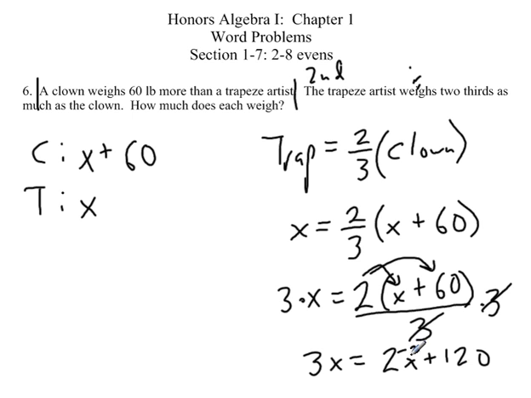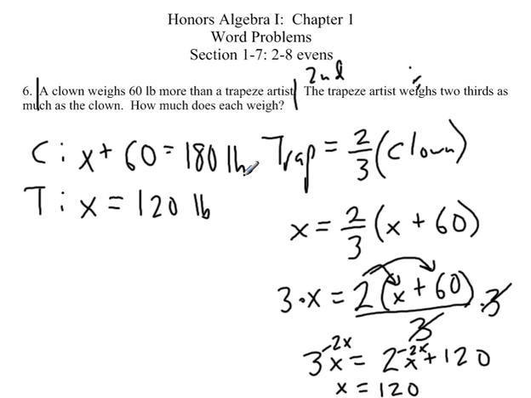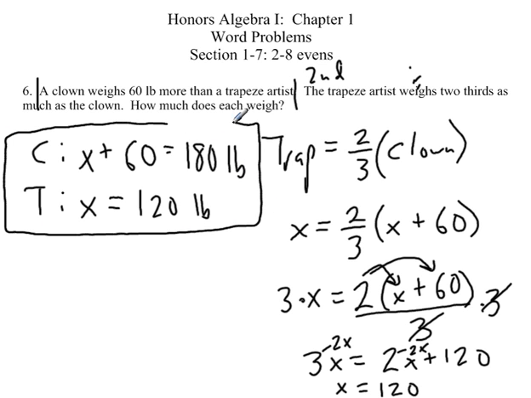By subtracting 2X from both sides, I'm left with 3x minus 2x is just x, is 120. So now I'm ready to plug these numbers in my original setup. So x is 120 pounds. If I add 60 to that, I get 180 pounds. And that should be the solution.